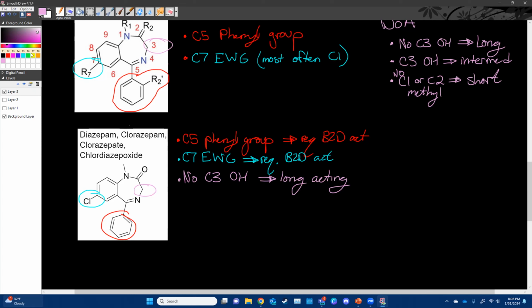What's important to know about how benzodiazepines work is that we rely on the activity of this nitrogen. What ends up happening here is that in its current form, this is an inactive drug.